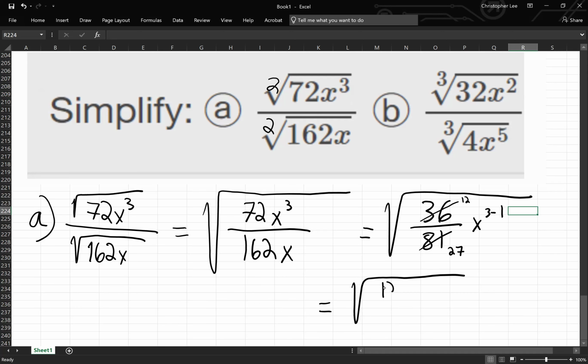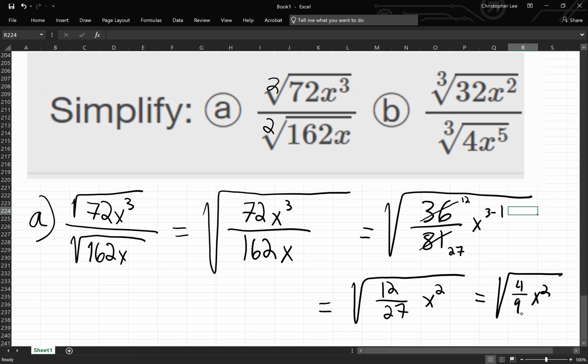So I got the 12 over 27 x to the second power. I think I could go another time, I could do another 3. So this would be 4 over 9 x squared.